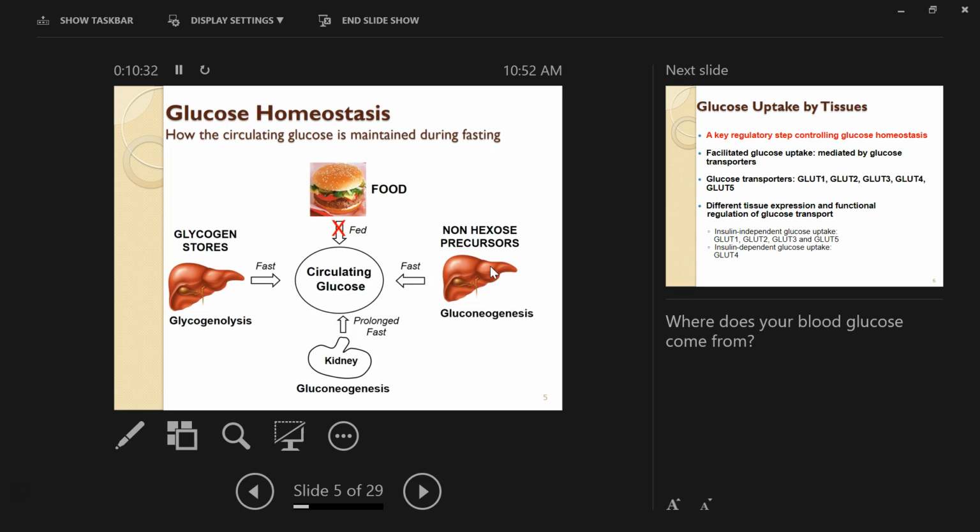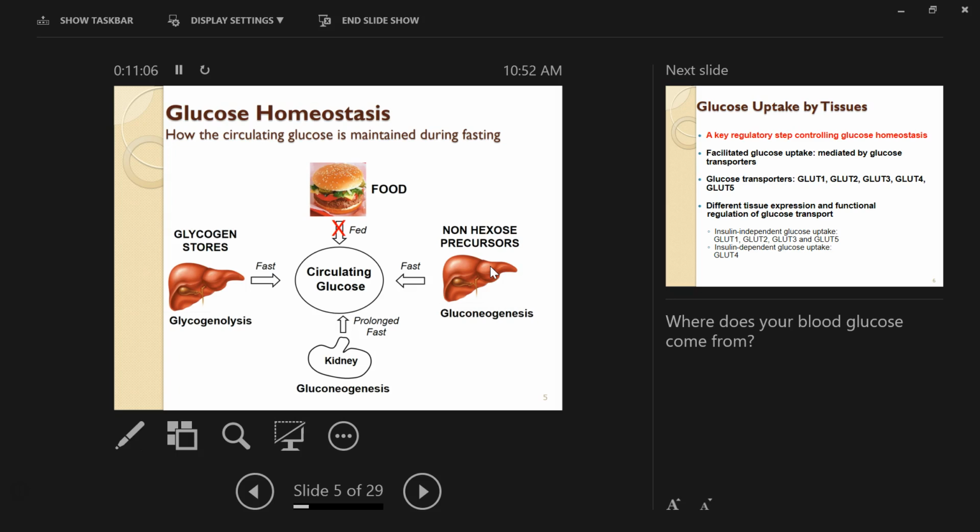So the primary thing that our body deals with under fasting condition is to raise blood glucose level, right? So not allow the blood glucose level to drop. So the liver's glycogen breakdown is involved in the homeostasis, but muscle is not involved in this part because muscle usually doesn't release glucose, right?